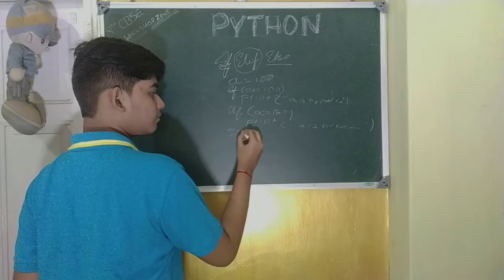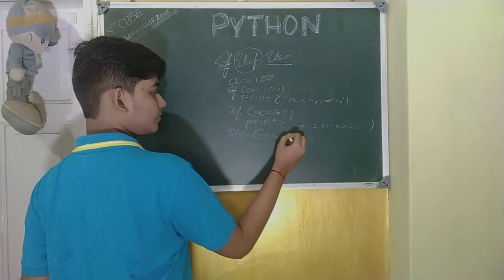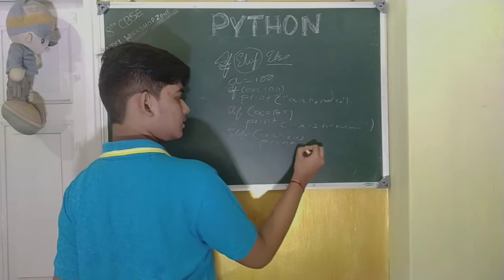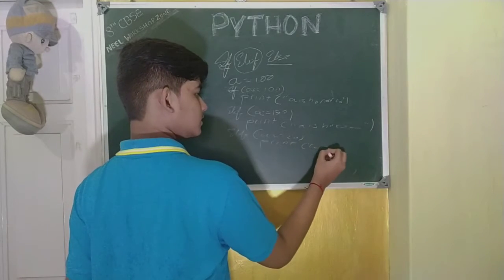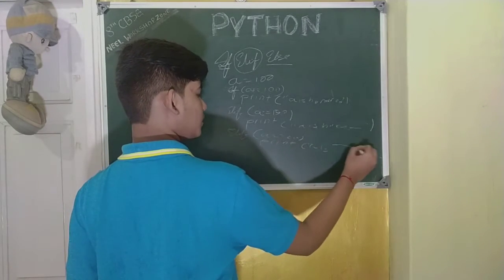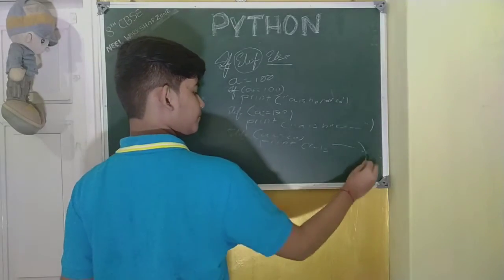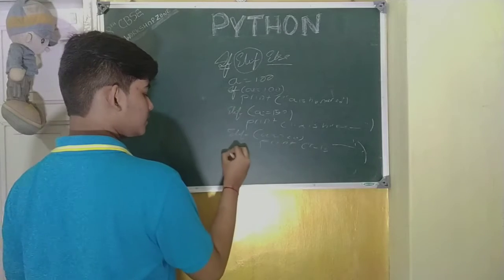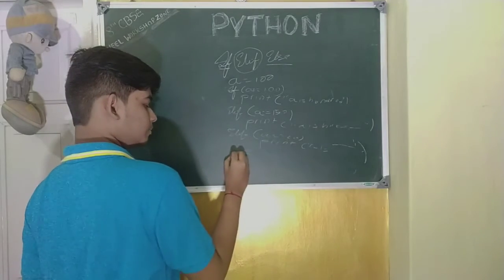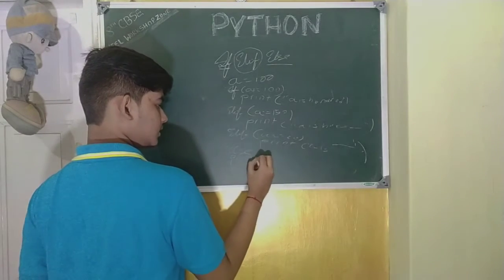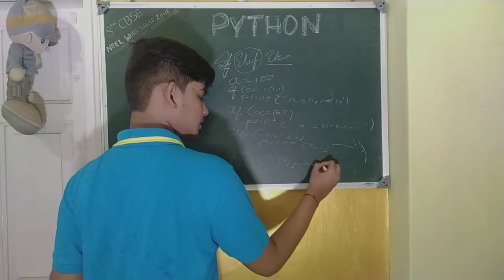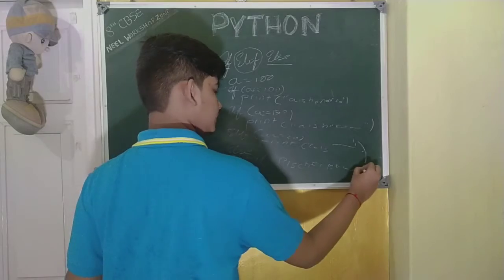You can write another elif saying A equals to 200, print "A is 200". So after all of this, at the end you can use else to put something like else print "please take the number", or something like that.